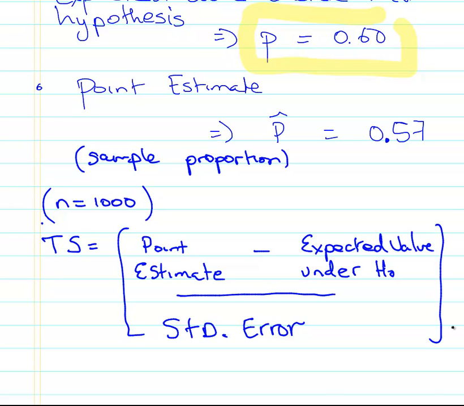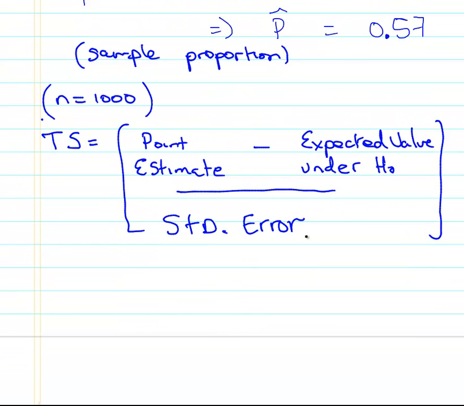We can already tell that point estimate minus expected value under the null hypothesis is going to be minus 3. I'm going to work in terms of percentages, because you'll notice when you're calculating standard error that when you work in terms of percentages, the number crunching gets a little bit easier. So 57% minus 60% all over this standard error.